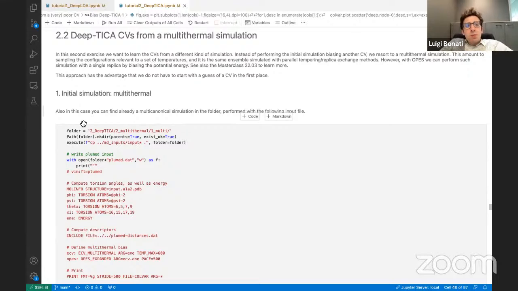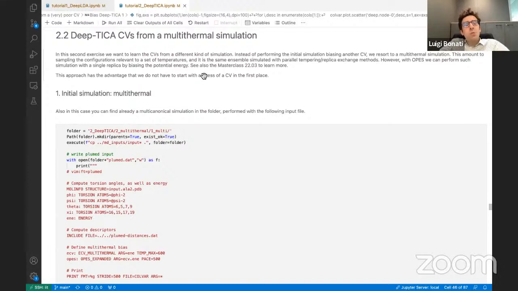Here I wanted to report a different scenario, which is instead of starting from a CV-based simulation, we can also start from a collective variable free simulation, such as a multi-thermal simulation. If you attended the previous masterclass, this is what Michele presented.